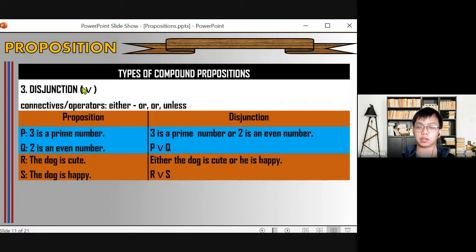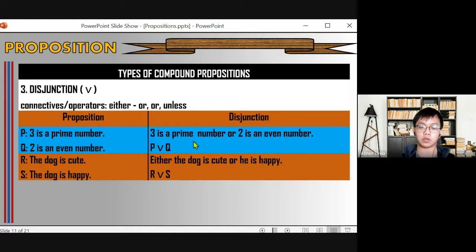It is somewhat like capital letter V. So always remember, pag conjunction, inverted letter V. Pag disjunction naman is, it is like a capital letter V. Okay. So let's have here an example of disjunction. So we have here given two propositions, P and Q, wherein proposition P is 3 is a prime number, and proposition Q is 2 is an even number.